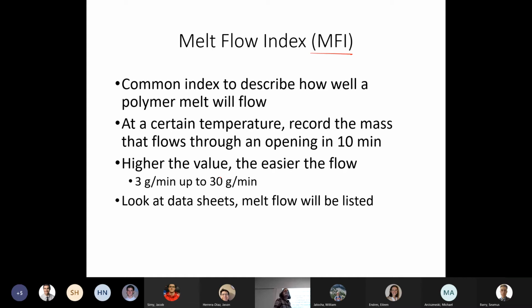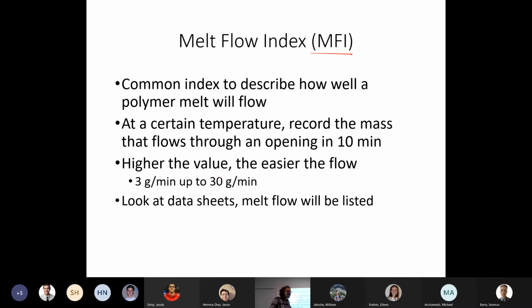And so you might talk about a material that has a high melt flow index. That just means it's going to flow easier. It will flow faster. There are certainly some issues with the melt flow index that does not necessarily duplicate what happens in the mold, but this is a very common way to describe a polymer melt.